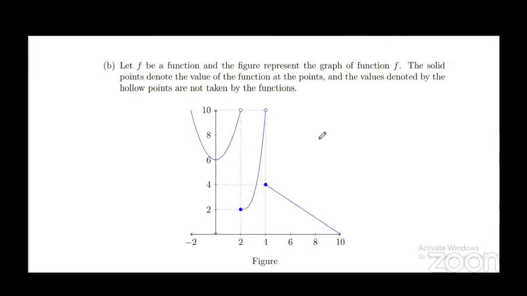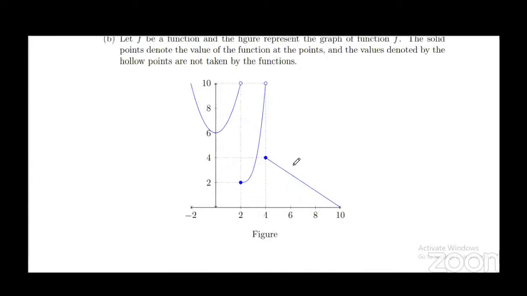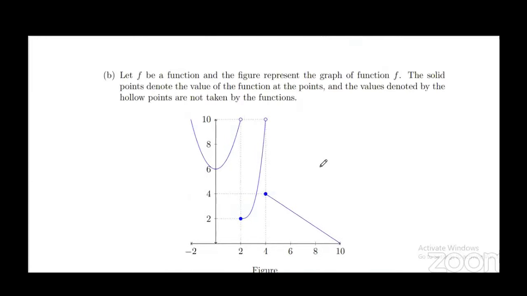Here in this problem, you're given a graph of a function. The function is not explicitly given, like f of x is equal to x squared plus 1. Looking at the graph, it's very obvious whether the function is continuous or not.